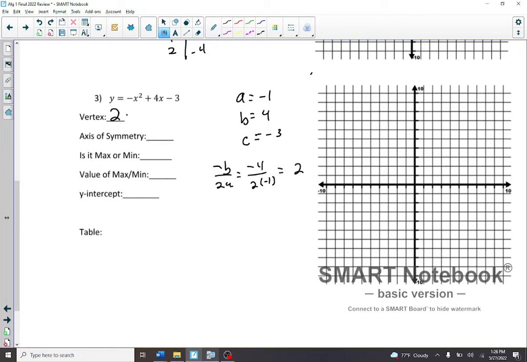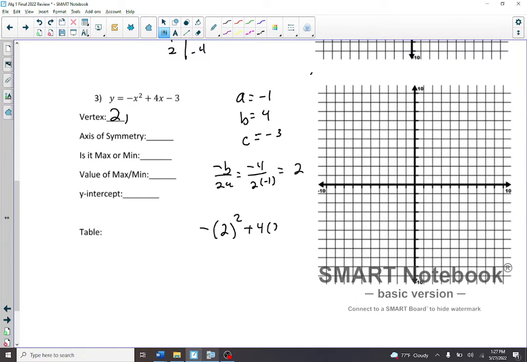So 2 is the x of my vertex, which means for the y of my vertex, I've got to plug it in. So -2 squared. When you plug in a calculator, make sure you put parentheses so the calculator knows it's not -2 squared, it's negative of 2 squared.